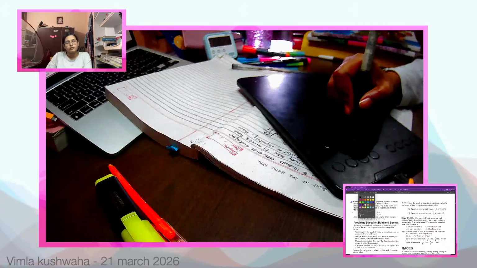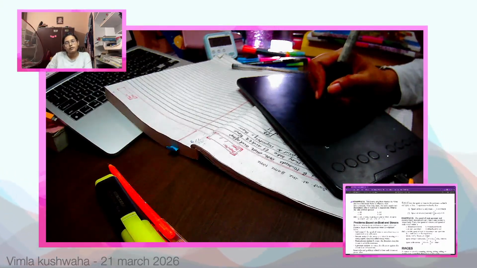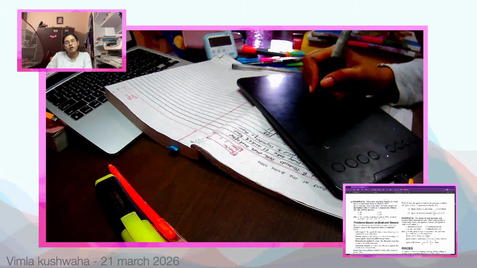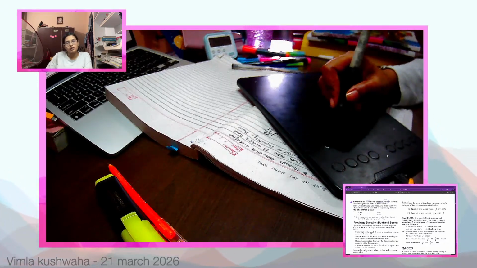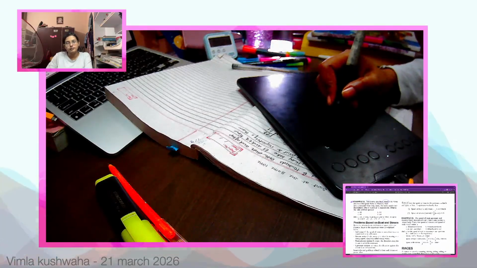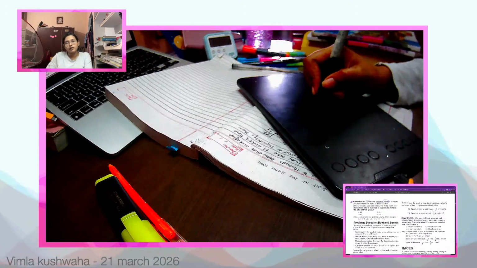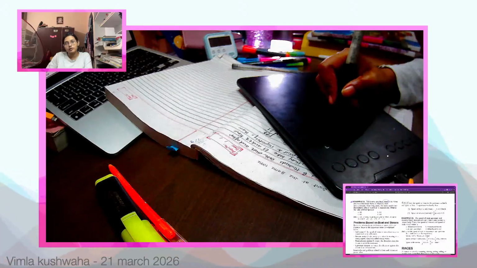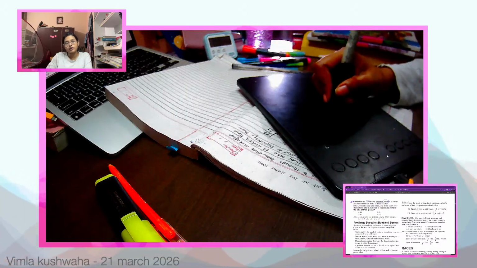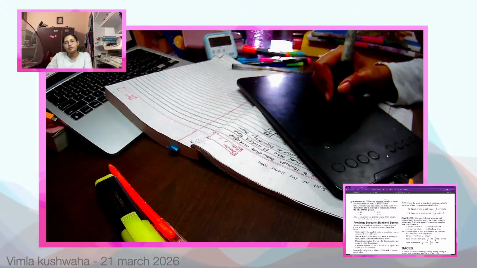Question number 11 is: if two trains, one from Howrah to Patna and the other from Patna to Howrah, start simultaneously, and after meeting each other the trains reach their destination after 9 hours and 16 hours respectively, what will be the ratio of their speeds?